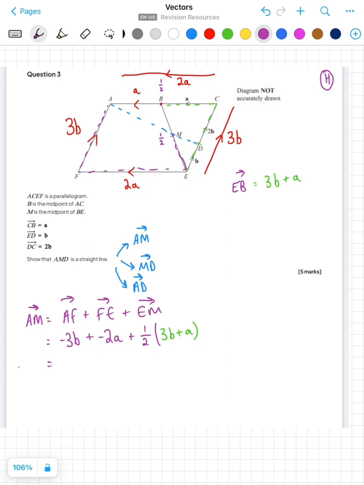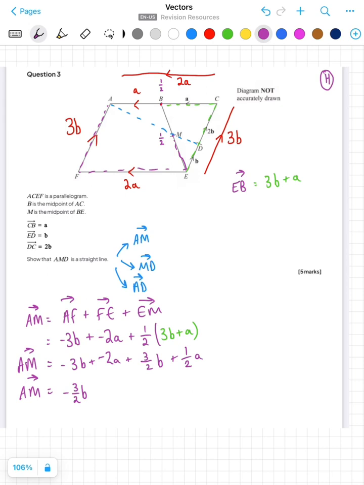So now we know 3b plus a, we can pop that in here. And now we simplify for A to M. So minus 3b plus minus 2a plus 3 over 2b plus a half a. Collect your like terms. Minus 3b plus 3 over 2b. So I like to keep these as fractions, but you can do them as decimals if you want. So that gives us minus 3 over 2b. And then we've got minus 2a plus a half a.